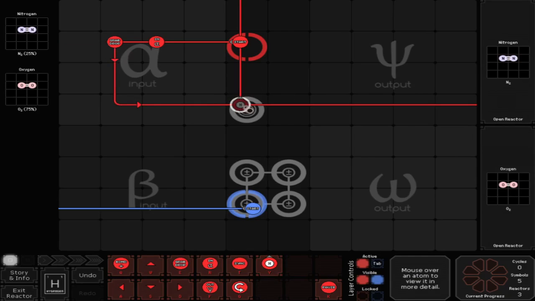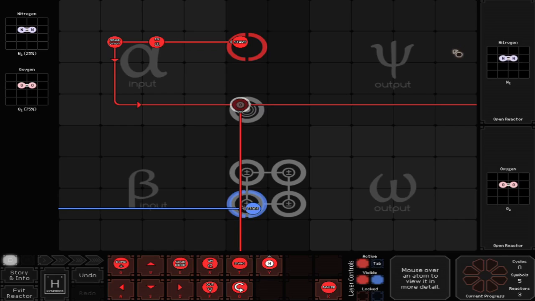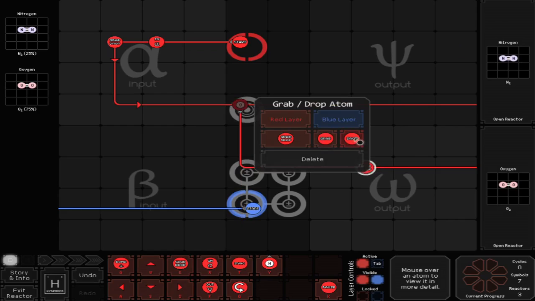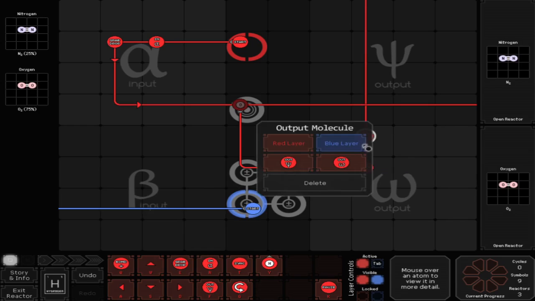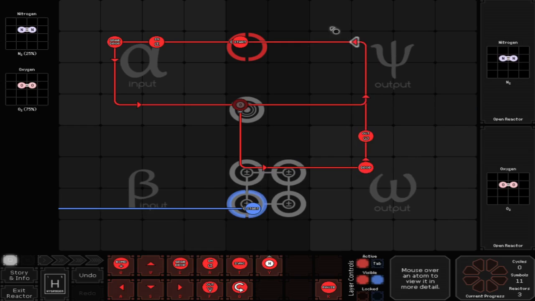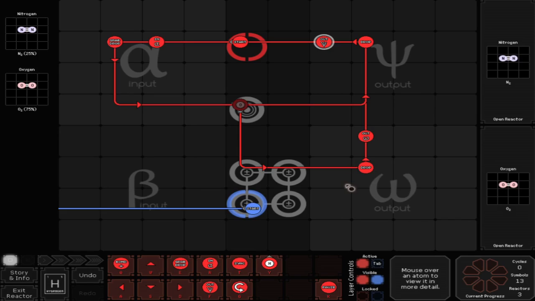So I'm going to build a system very similar to what I made in the first level, where we were introduced to our atomic sensors, and just not try to grab something out of the output zone like I have been doing. Just a very simplistic loop, just set it up like that.